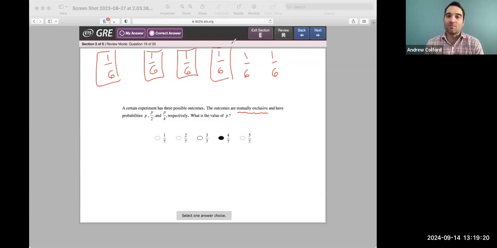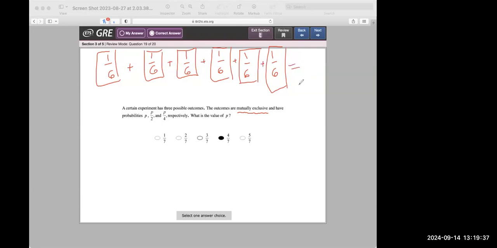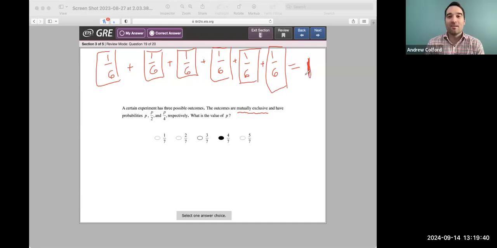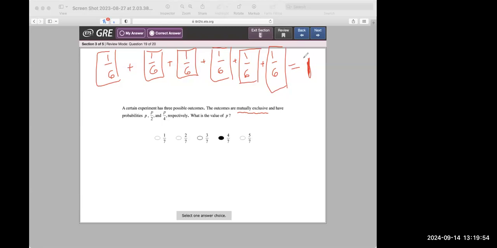There are 6 possible outcomes, and they are mutually exclusive, meaning they can't overlap at all. You can't roll a 2 and a 1 at the same time. Jania, what do these all add up to? 6 out of 6. 1. Right, because they are the only possibilities and they are mutually exclusive, they have to add up to 1. Is that piece okay? Yeah, that makes total sense.